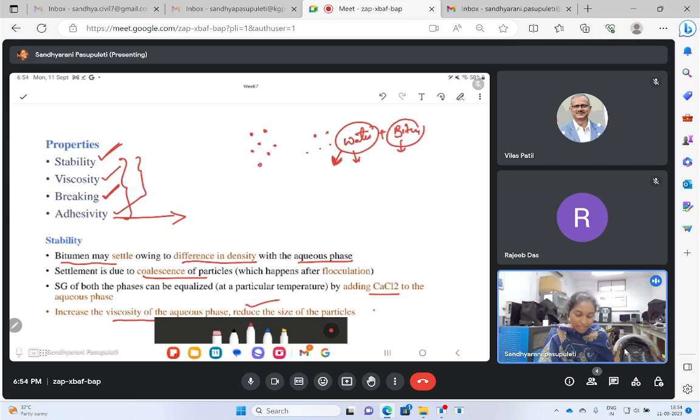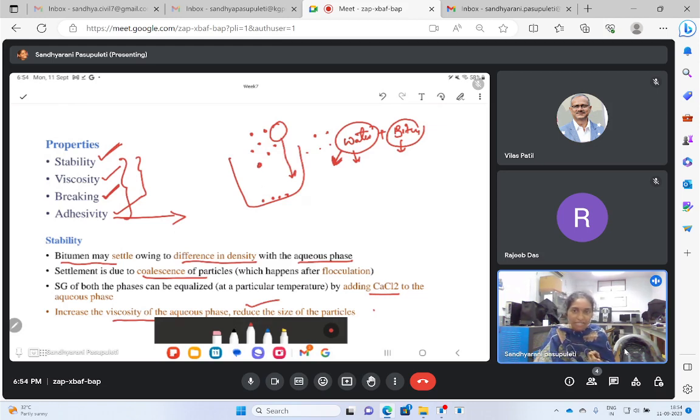With more time, according to the terminal velocity concept, they will slowly come and settle at the bottom. If the size is very large, it will settle very quickly. If the size is very small, because the weight will be small, it will settle slowly. If it settles slowly, what is the advantage?